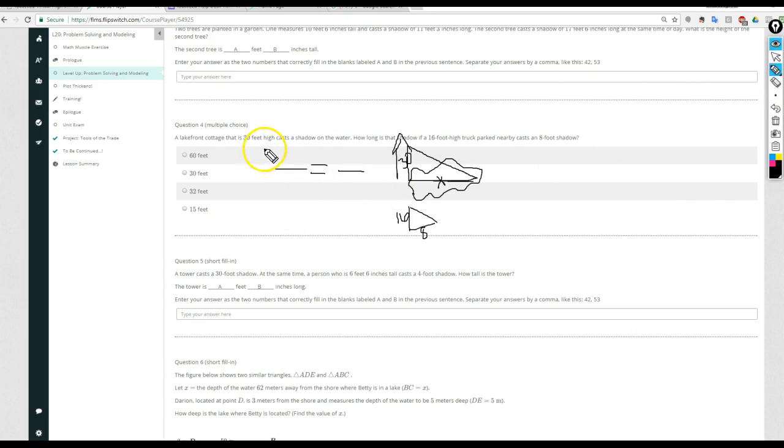So in my notes I would write height of object 1 is going to be compared to the height of object 2, and the shadow of object 1 is going to be compared to the shadow length of object 2. So that's what I would write in my notes if I didn't want to draw the diagram.